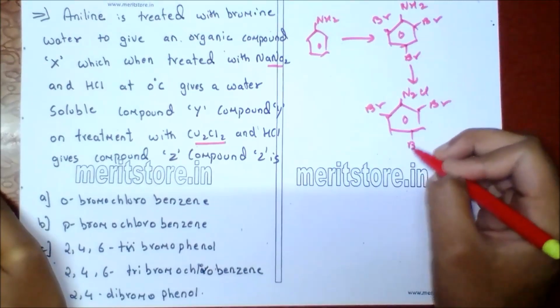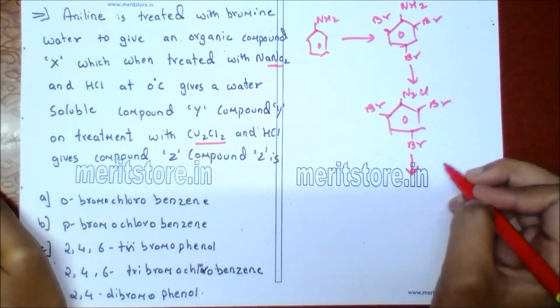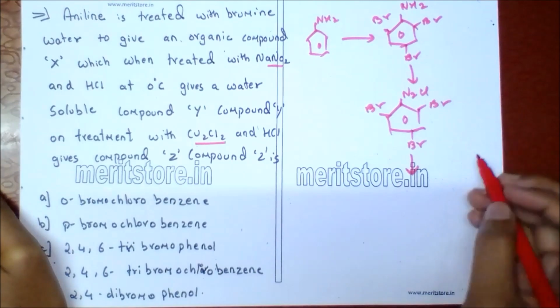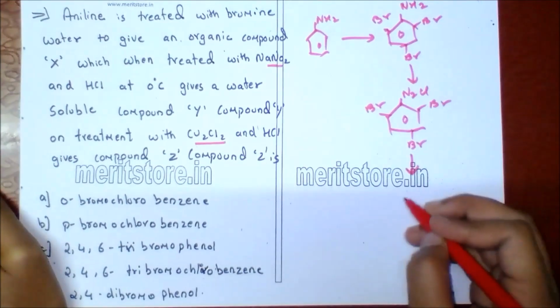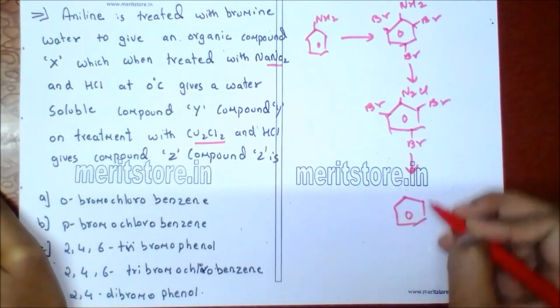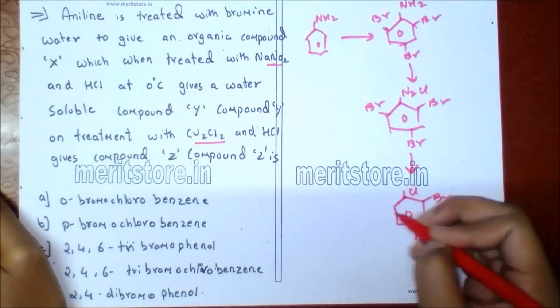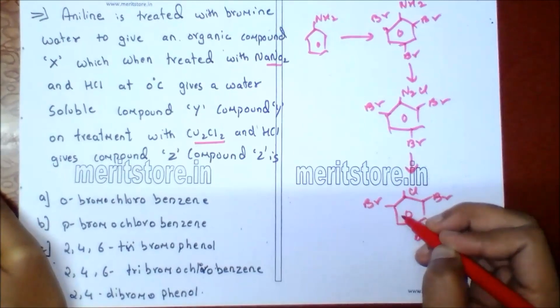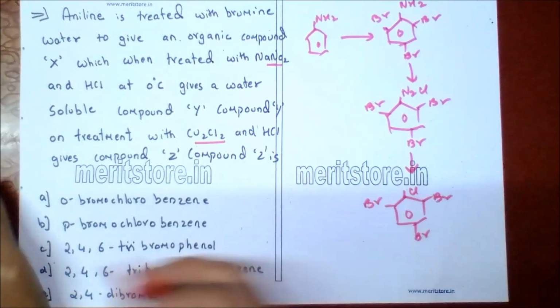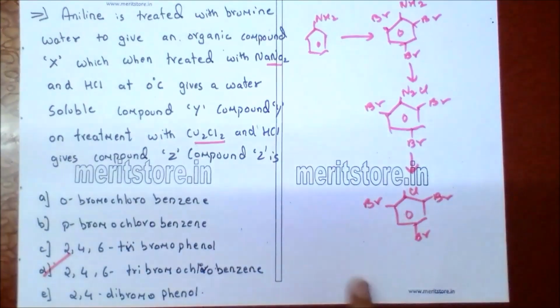So this is Y, which on reaction with cuprous chloride and HCl gives 2,4,6 tribromochlorobenzene. So chlorine, bromine, this is Z, 2,4,6 tribromochlorobenzene. So option D is the correct answer.